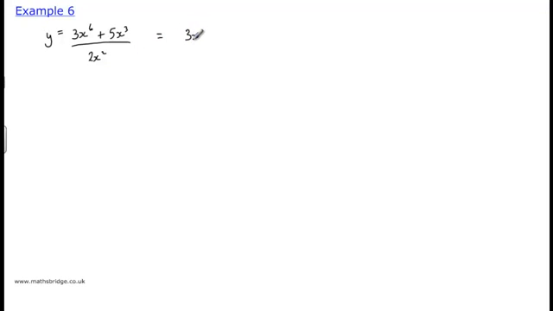Again, split the fraction into two separate fractions. So we need to differentiate 3x to the 4 over 2 plus 5x over 2.